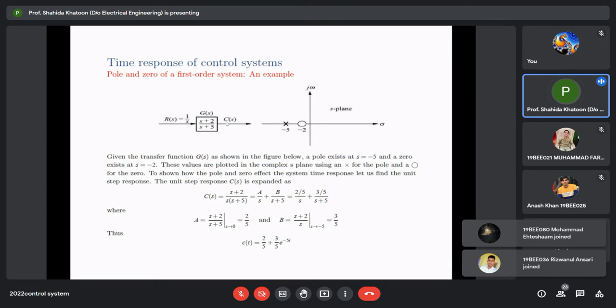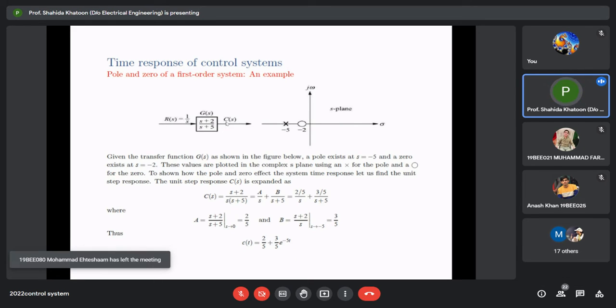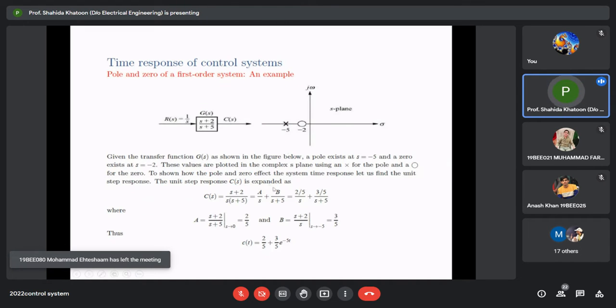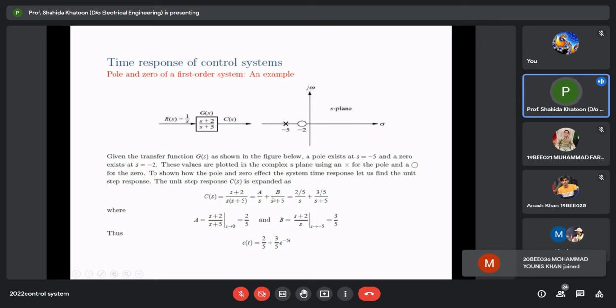If you do the partial fraction expansion of this, this is the procedure by which we find the linear fractions of this polynomial: A upon s plus B upon s plus 5. So you have to find the values of A and B.